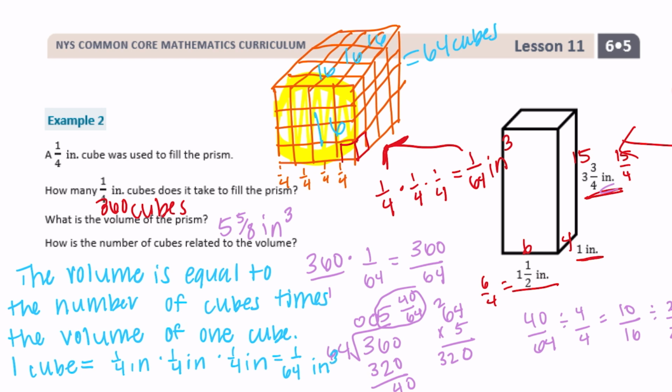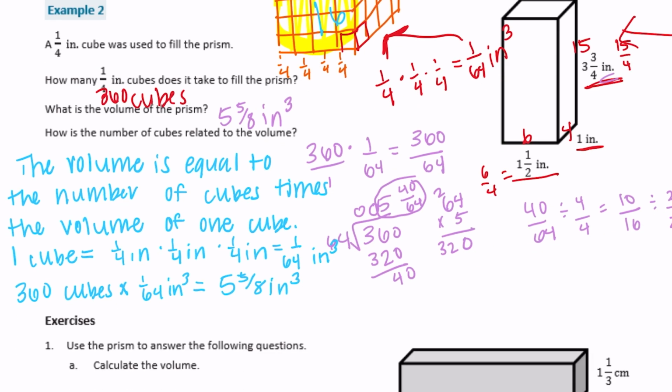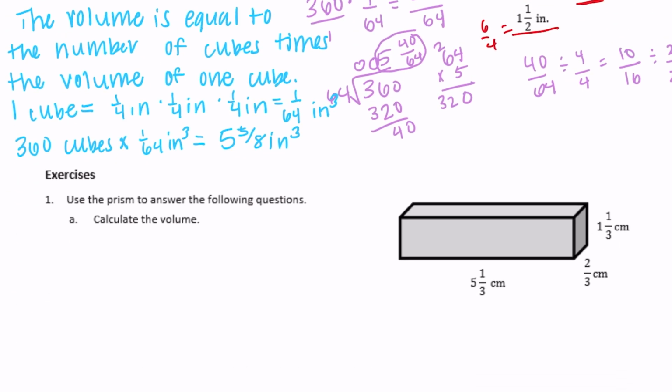So 360 cubes times 1/64 inch cubed got me 5 5/8 inches cubed. That's kind of what we just worked through. So I wrote out what we worked through in the problem.